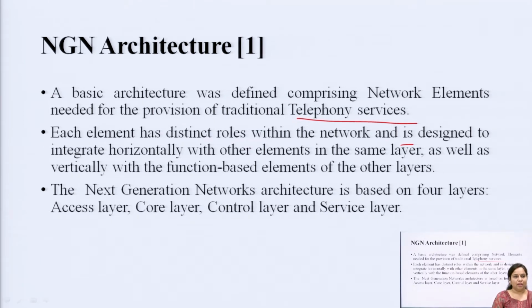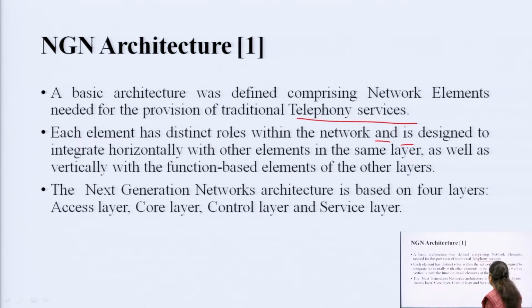So, initially some layers can transfer the information parallelly from the physical layer at the transmitter side to the physical layer at the receiver side, and also transferring is done from the upper layer to another layer. So, that is the case with the ISO OSI model. Each element has a distinct role within the network and is designed to integrate horizontally and vertically.